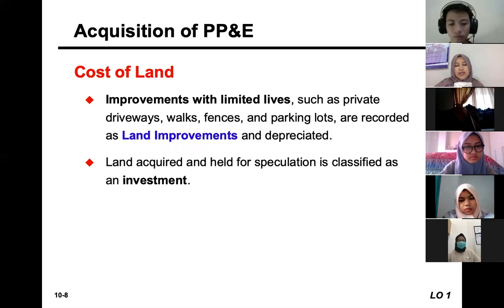Okay, let's say the company purchased the land for the purpose of reselling. It does not plan to use it, so that one will be included as investment rather than PPE or fixed asset. Okay, so it's a different category.